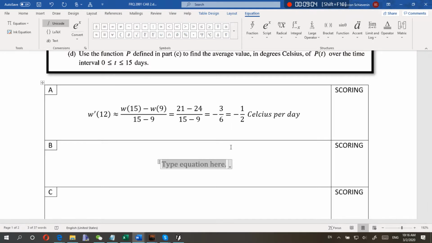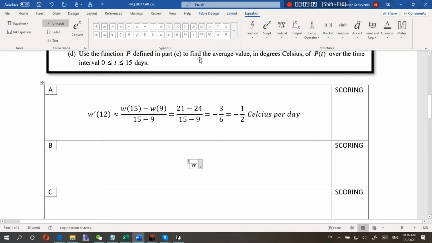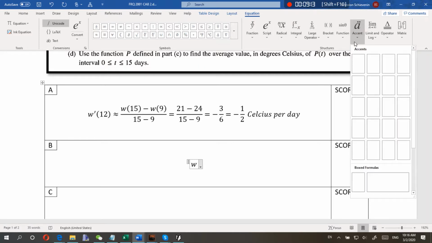Okay, so my average temperature, let's see, I want to accent this. There we go.